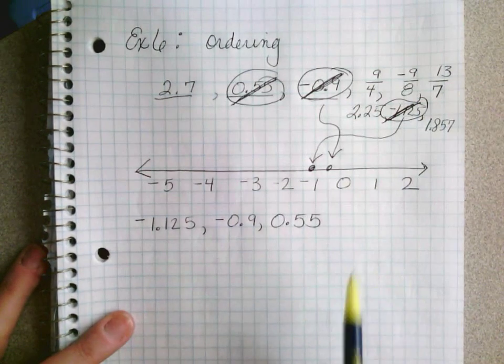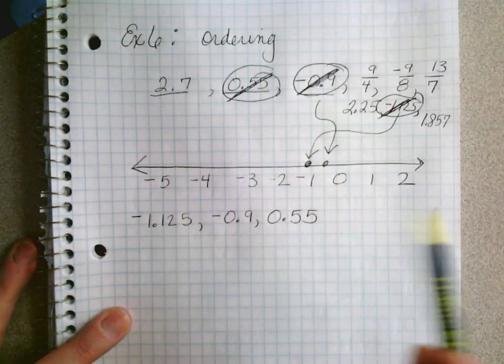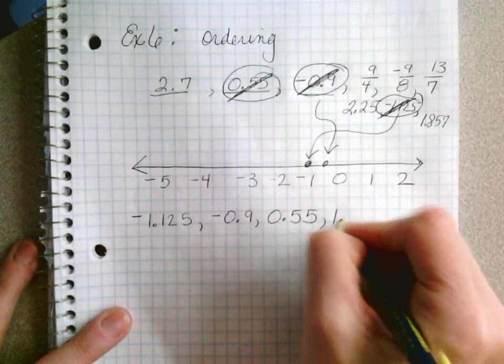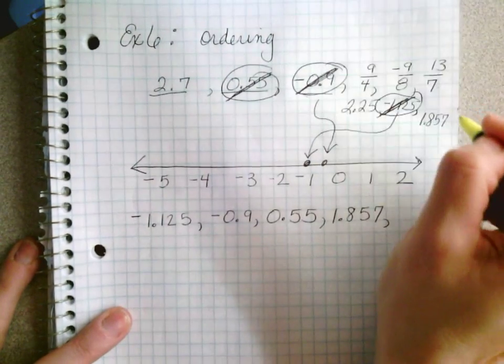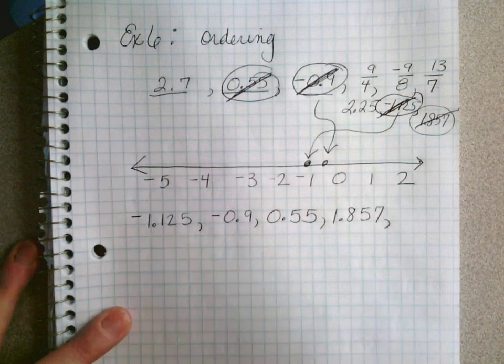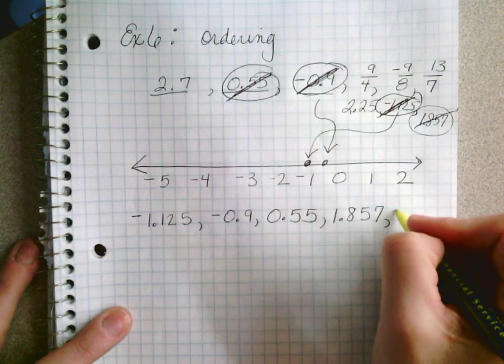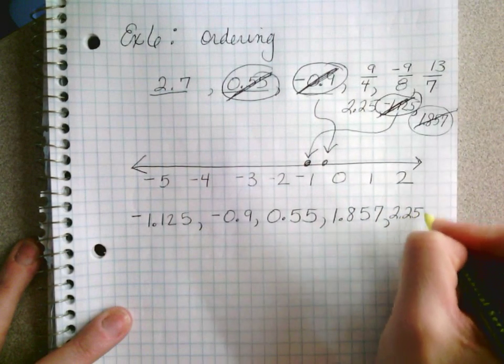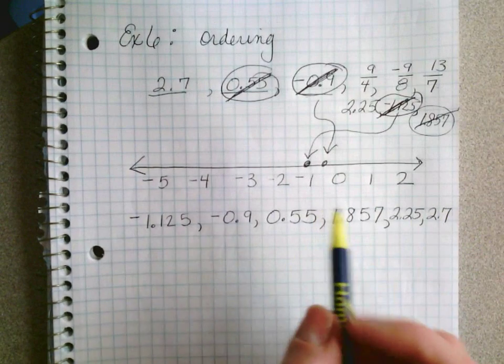What do you think will be next, Stuart? You've got 2.7, 2.25. Yep. Leah, what's next? 2.7. No, you sure? 2.25. Yep. Last is 2.7.